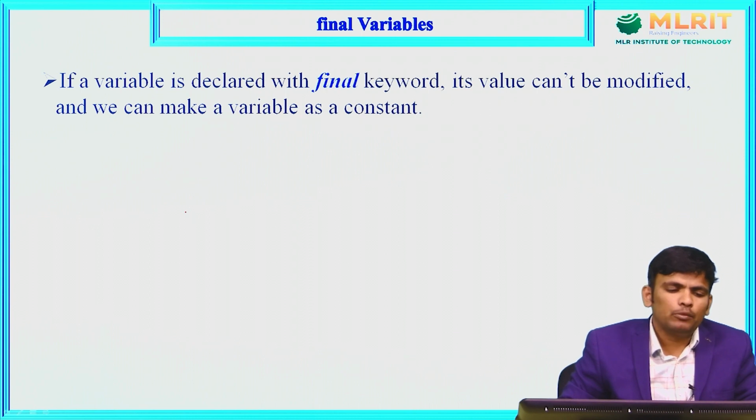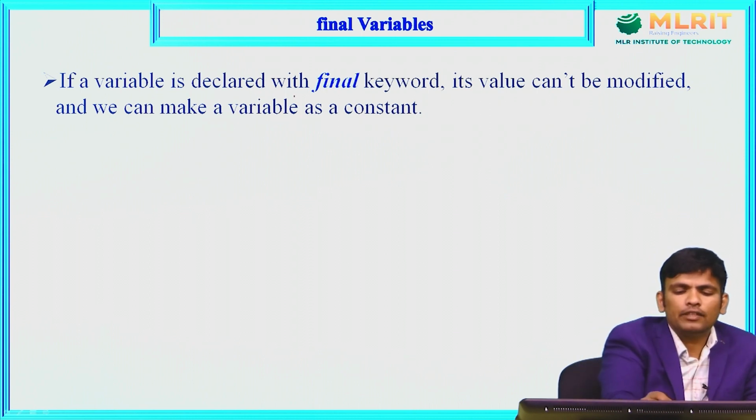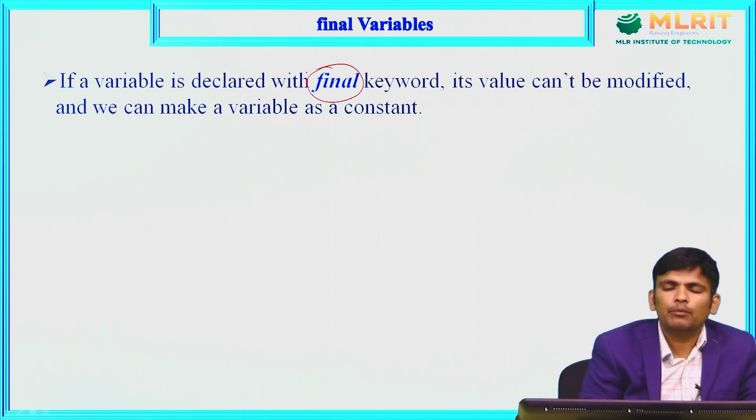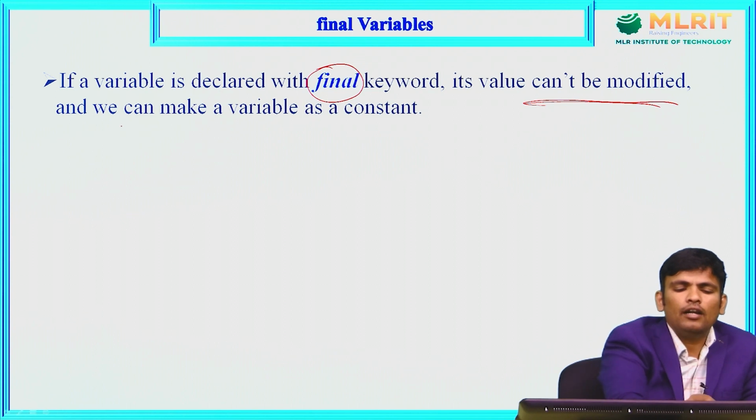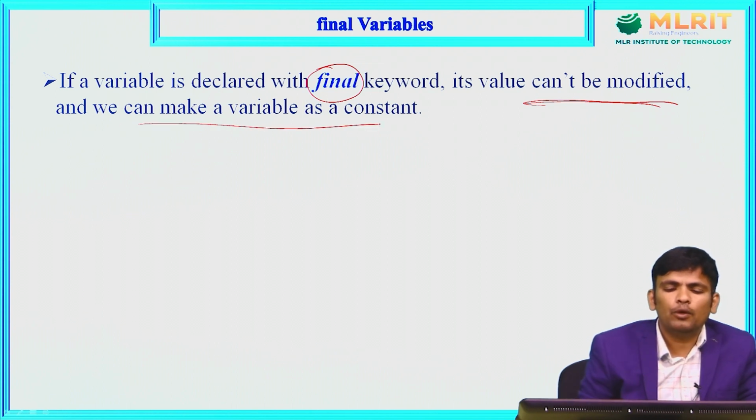Now we will see what happens if you apply the final keyword to variables. If a variable is declared with the final keyword, its value can't be modified. We can make a variable a constant, meaning reassignment of the final variable is not possible.